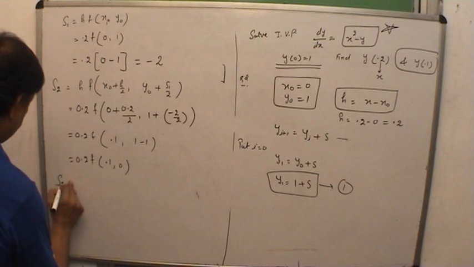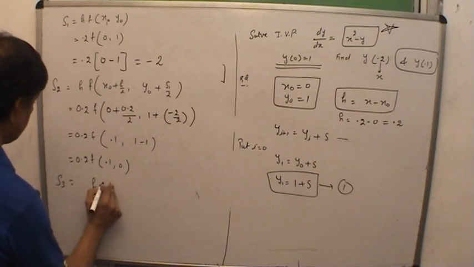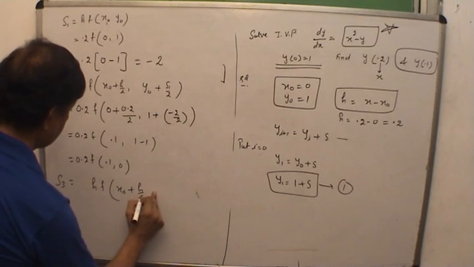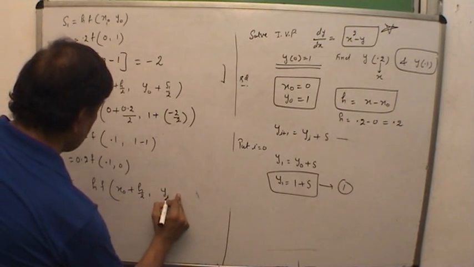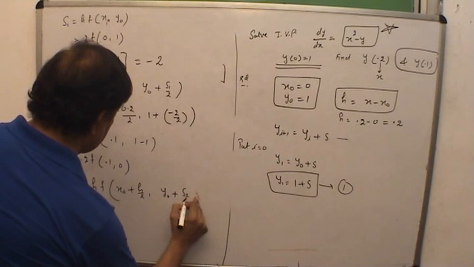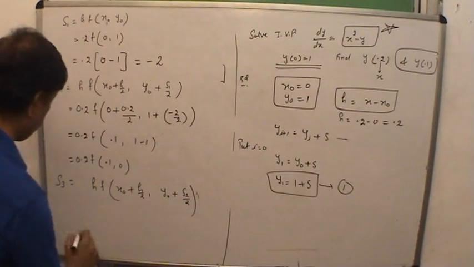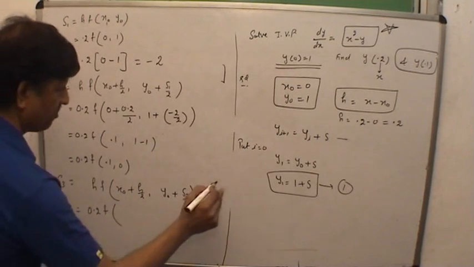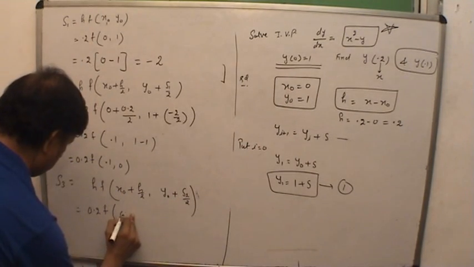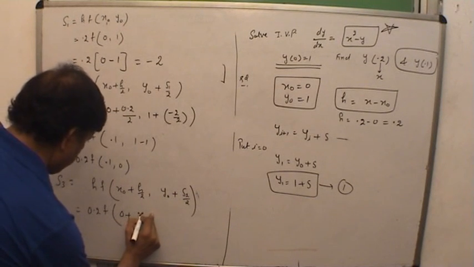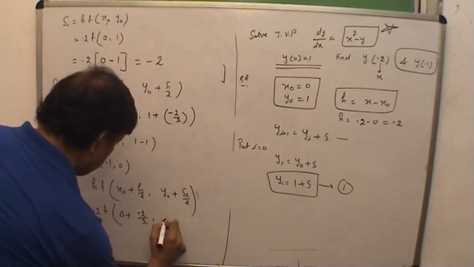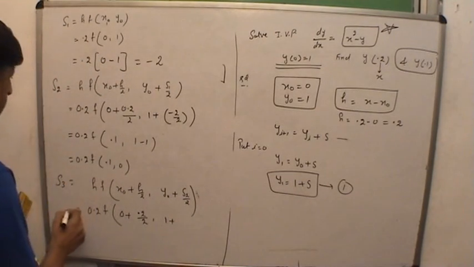Now for S3, which is h into f of x0 plus h by 2, y0 plus S2 divided by 2. That is 0.2 into f of x0 equals 0 plus h/2, that is 0.1, and y0 equals 1 plus S2.